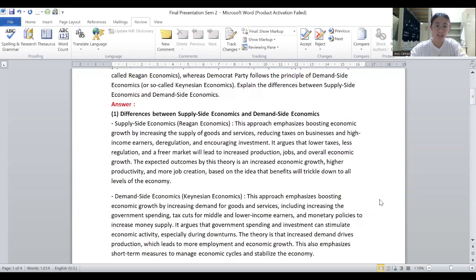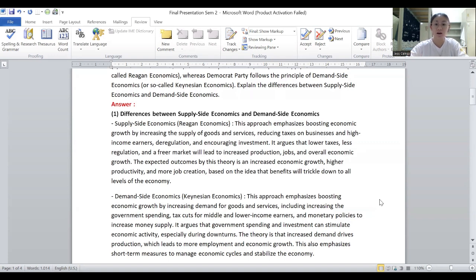While on the other side, demand-side economics or Keynesian economics is an approach that emphasizes boosting economic growth by increasing the demand for goods and services, including increasing government spending, tax cuts for middle and lower income earners, and even monetary policies to increase the money supply.